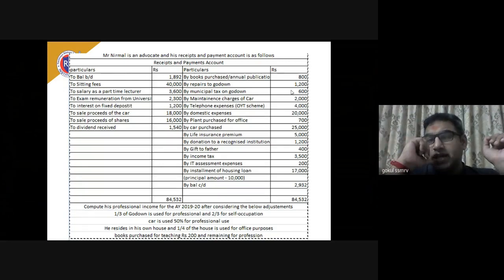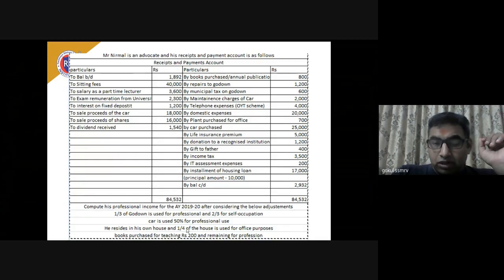Books purchased, annual publication 800 rupees. Look at the last adjustments.